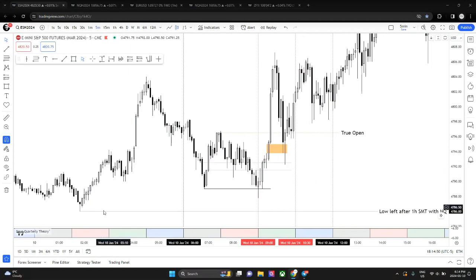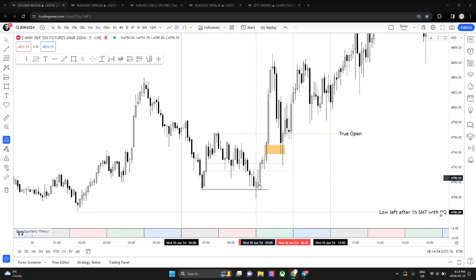So you have ES failing to make a lower low right here and right here as well during Q3, trading down below the true open. Very important, right? If price was above the true open, we wouldn't be looking to buy right here. You wouldn't even be looking at this chart right now.